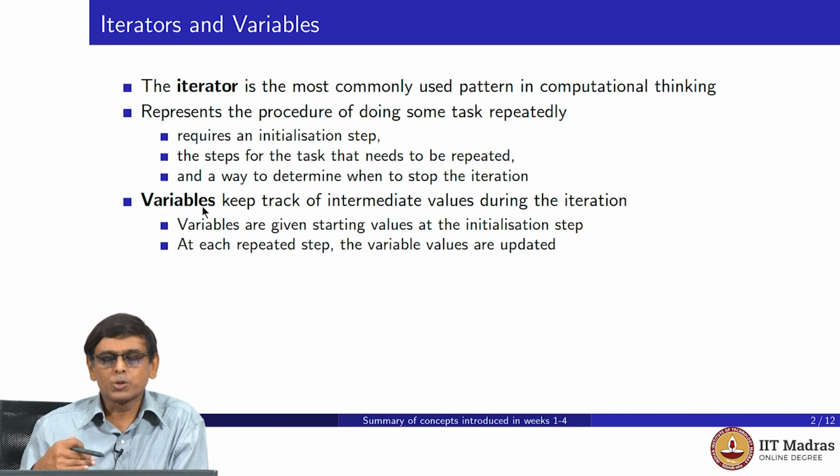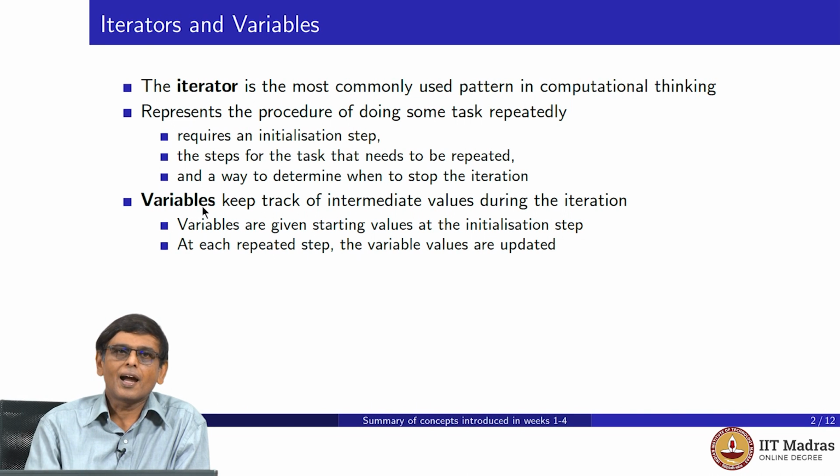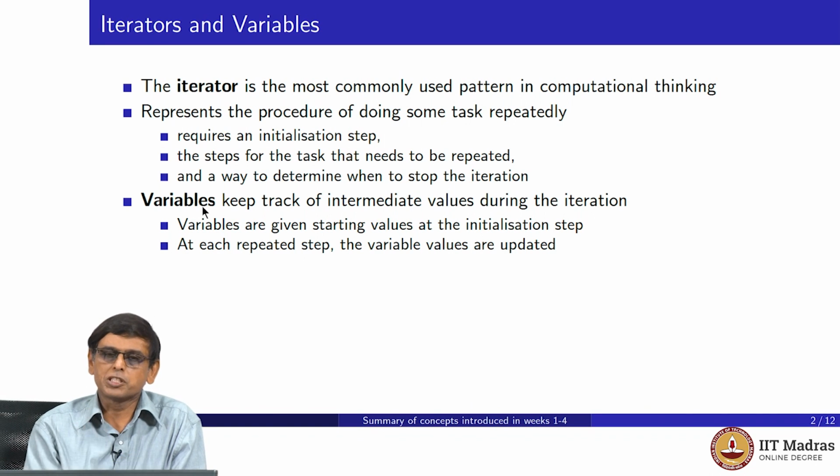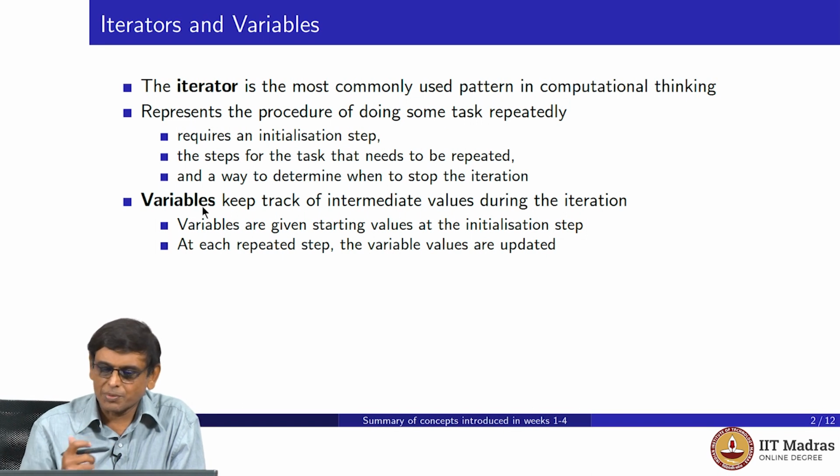When we come to the end of the iteration, the variable values will hold some final value which is meaningful to us, like for example, the sum of all the marks or something like that, right.